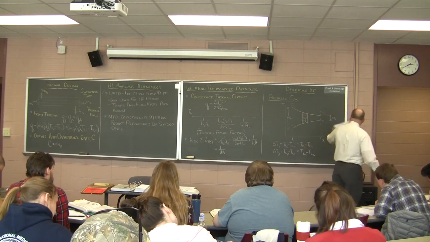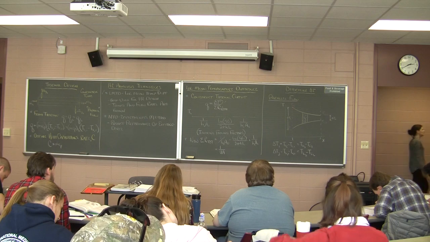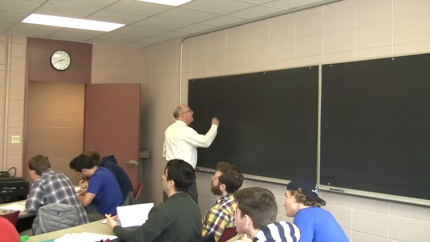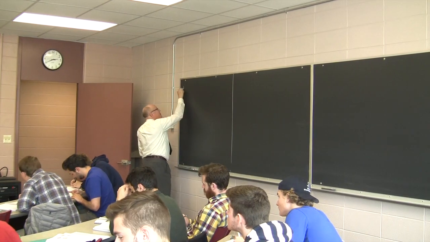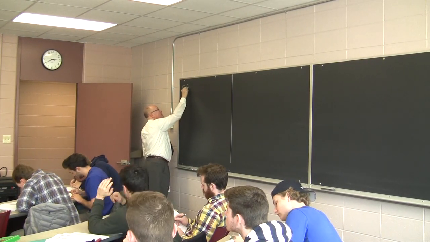What does our delta T look like for counterflow?